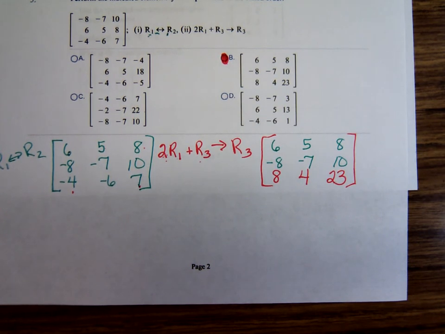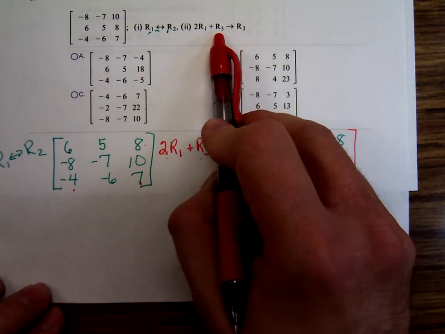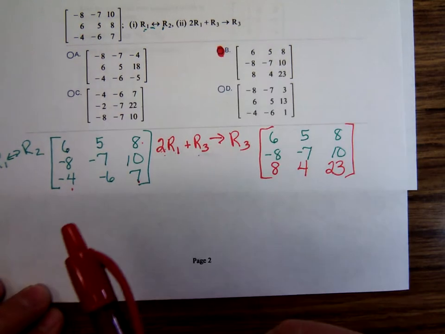This is sort of getting you accustomed to these operations that we can do on matrices. Any questions there? There are 3 operations you can do. Interchange 2 rows, multiply or divide a row by a number, or add a multiple of one row to another row to get the new row.